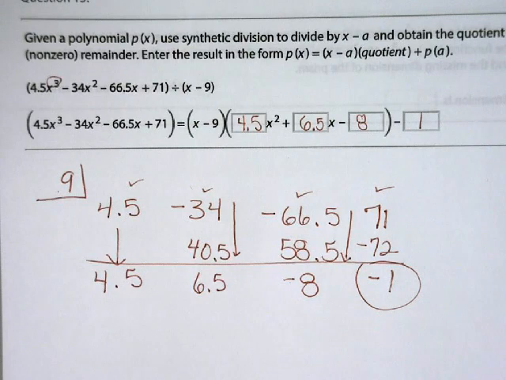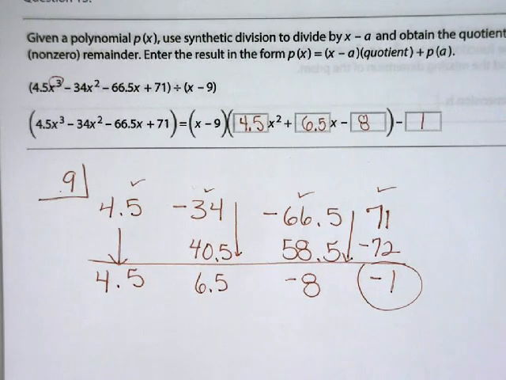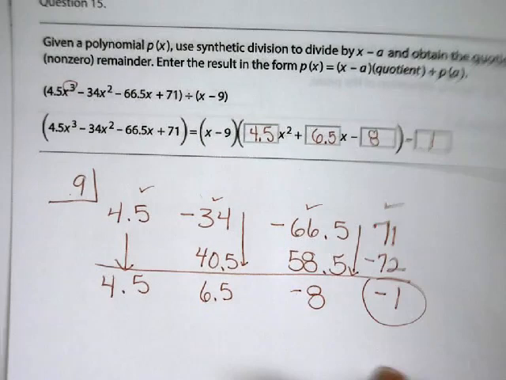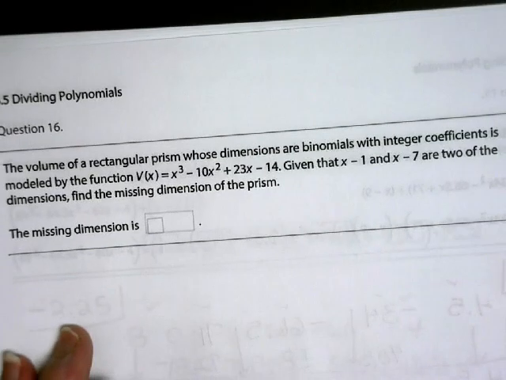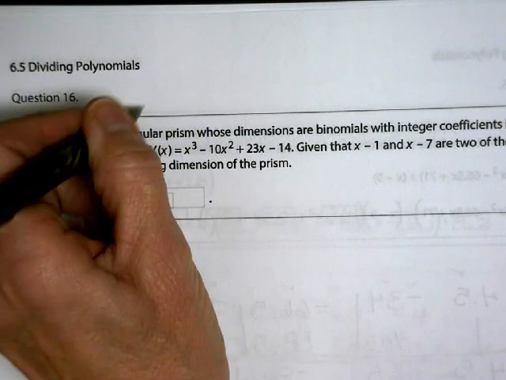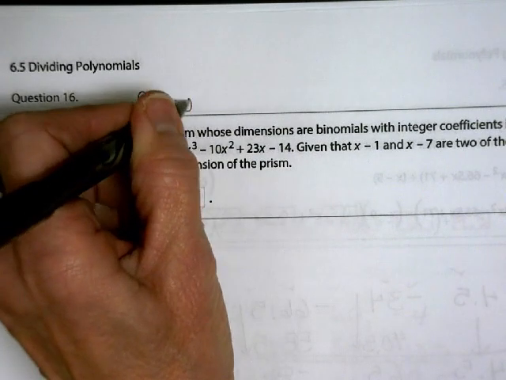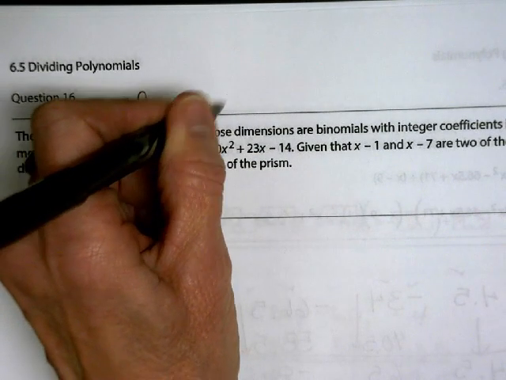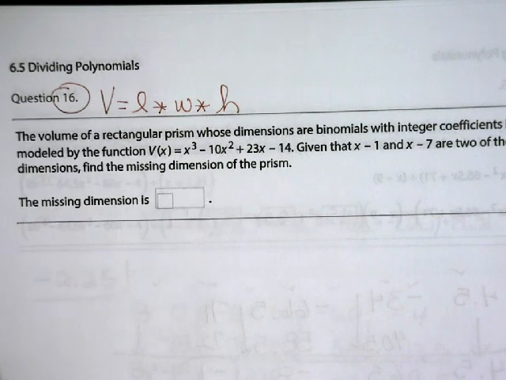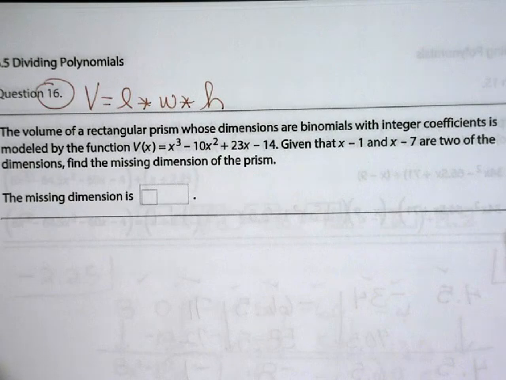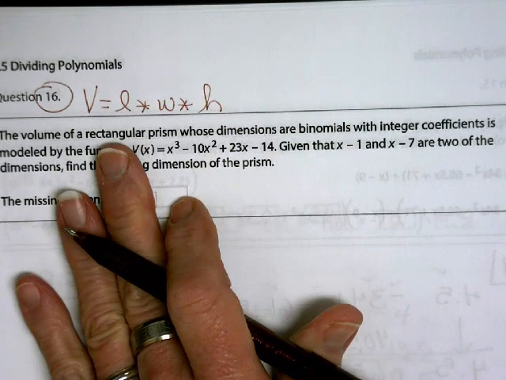Ready? We got a word problem if you're ready. We're dealing with geometry. The volume of a rectangular prism is what? Length times width times height. So you wouldn't write this, you know, like you'd write down number 16 and you'd write down this formula, okay?